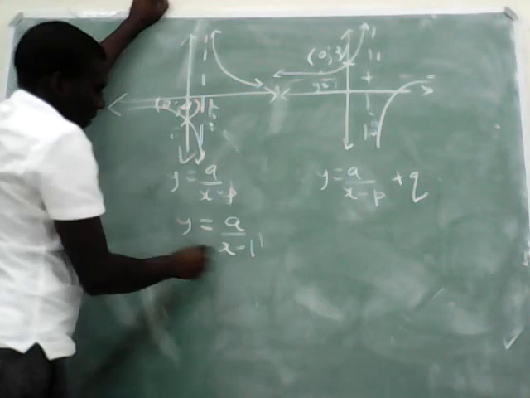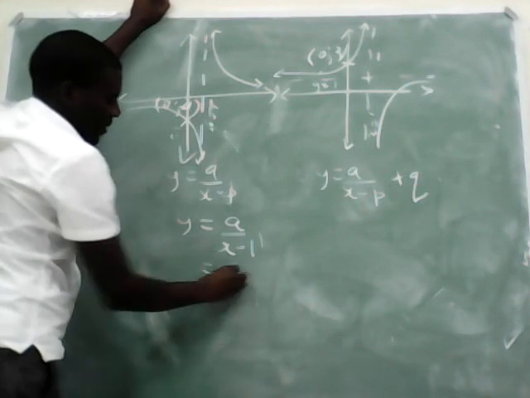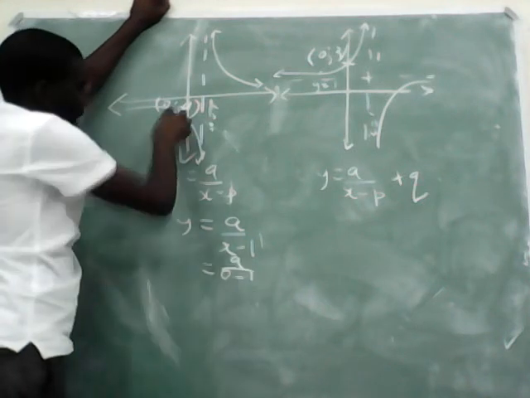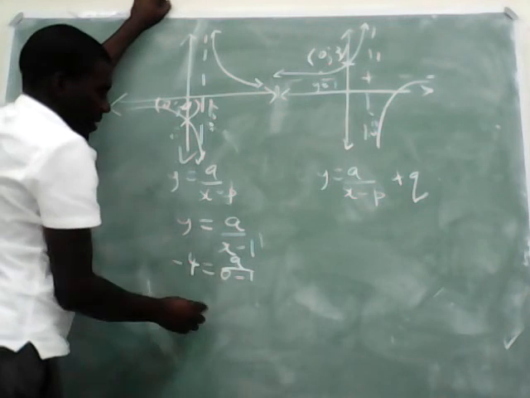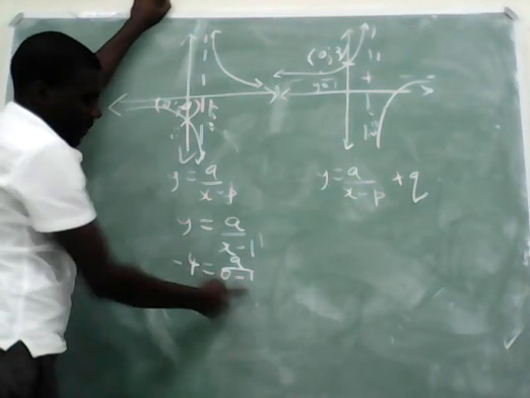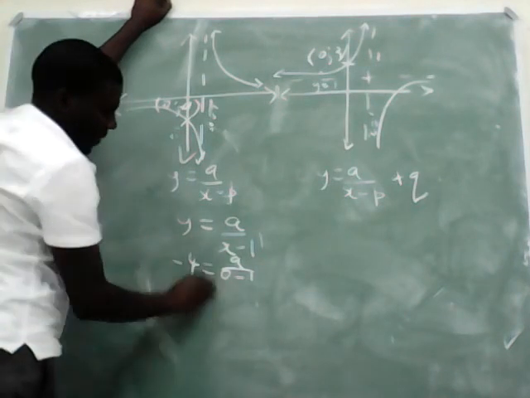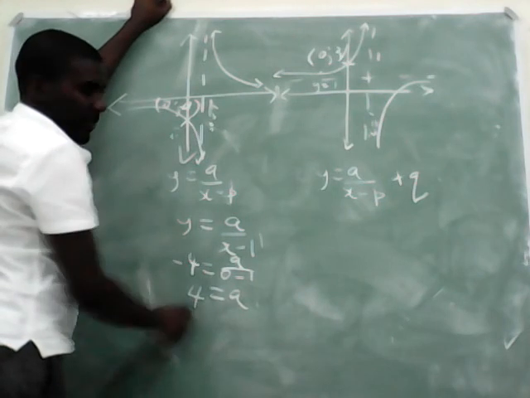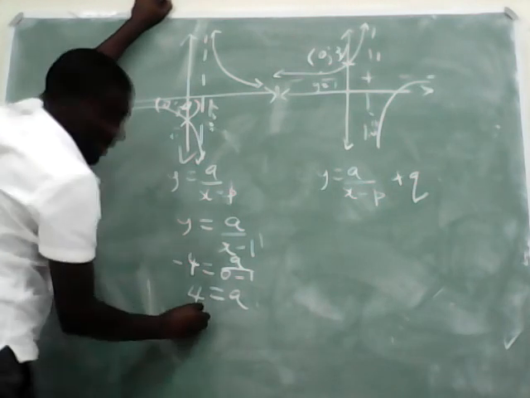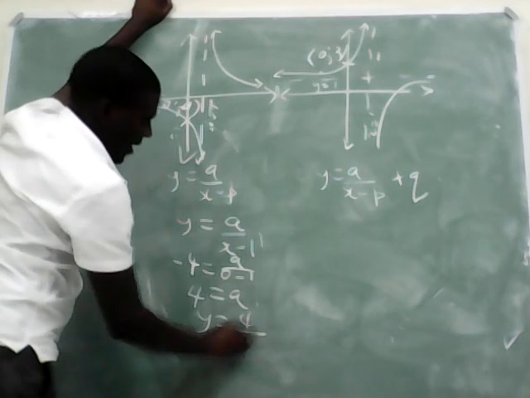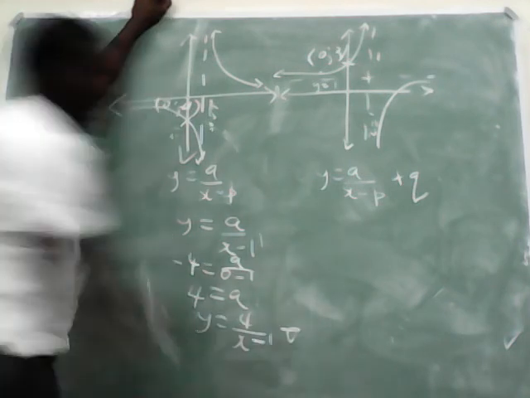Instead of x, I put 0 minus 1, and y is -4. 0 minus 1 is minus 1. Take the 1 across, it would be positive 4 equals a. So a is 4. Then our equation is y equals 4 over x minus 1. Then we're done.